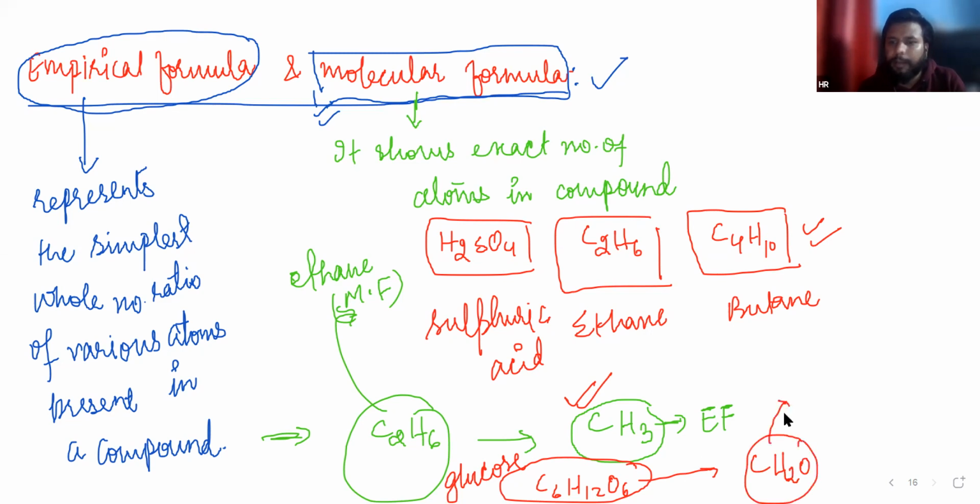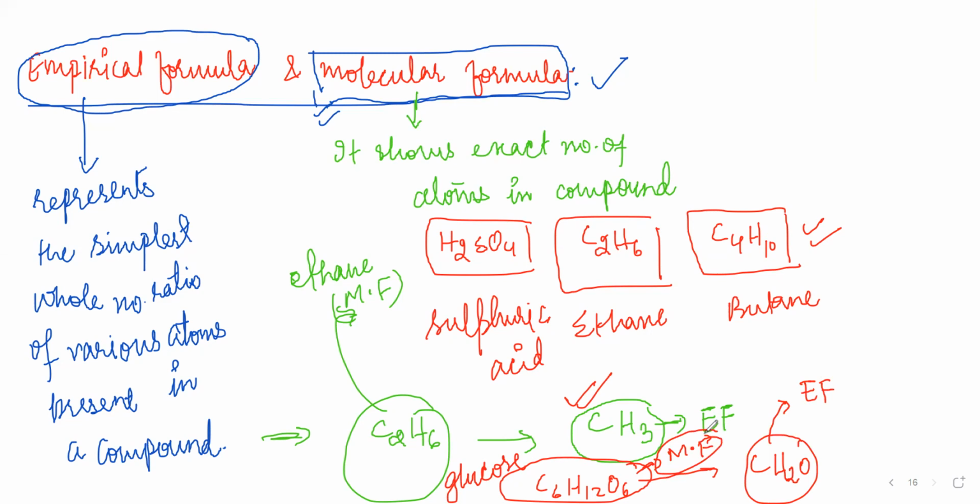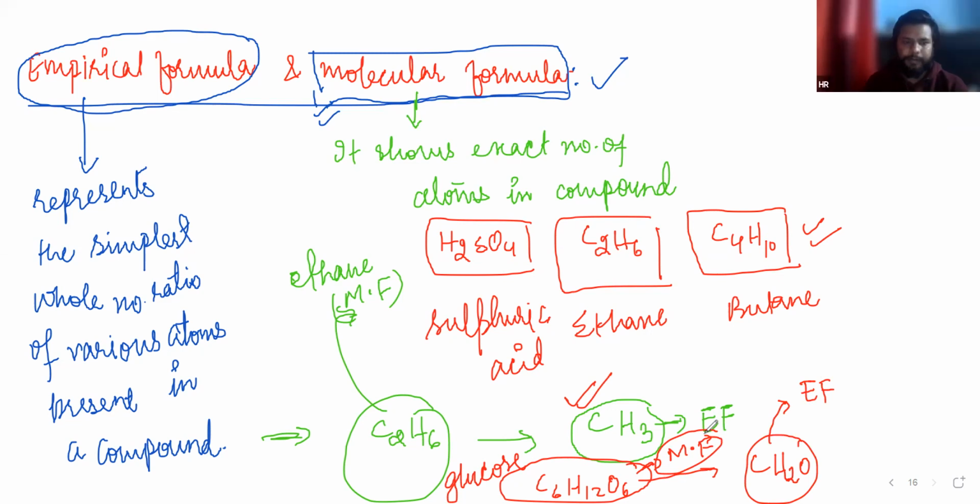That is the empirical formula, the simplest form of glucose, and C6H12O6 will be the molecular formula. Got it, everyone? Akarsh, Krishna. Yes, sir. Just write it, and I will tell you how to calculate empirical formula and how to calculate molecular formula. It's too easy.